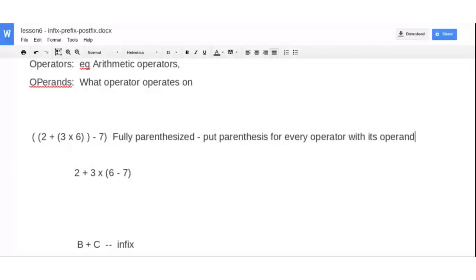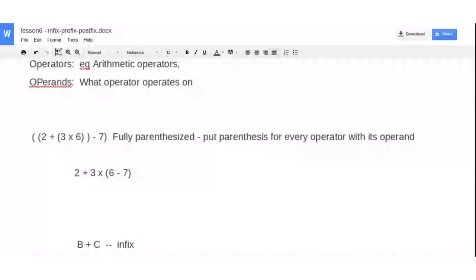And once you are done with all the operators, then that expression is said to be fully parenthesized. So for this particular session, what we want to learn is how to use a fully parenthesized expression to convert infix expressions to either postfix or prefix.